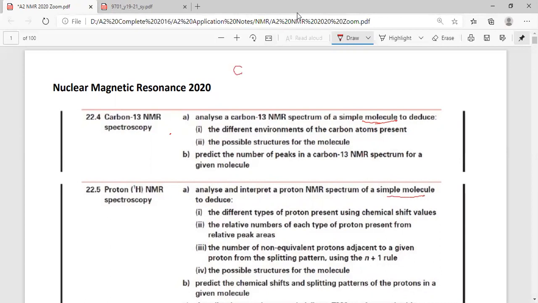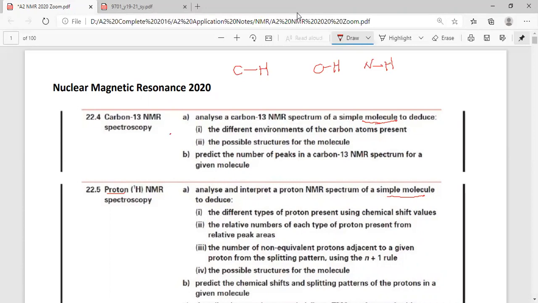Carbon-13 is carbon, but of course here we do protons: the hydrogen connected to a carbon, or hydrogen connected to oxygen, alcohols, carboxylic acids, or hydrogen connected to nitrogen, which is amines and amides. All these are protons.